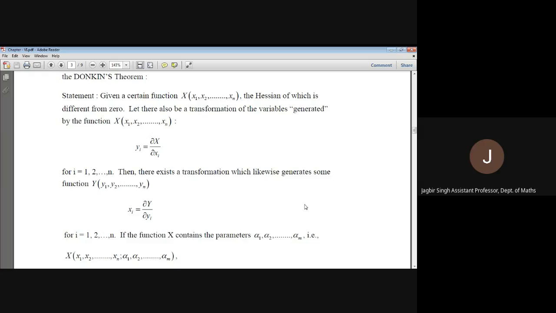Then we defined a new variable with the help that yi should be curly x by curly xi.